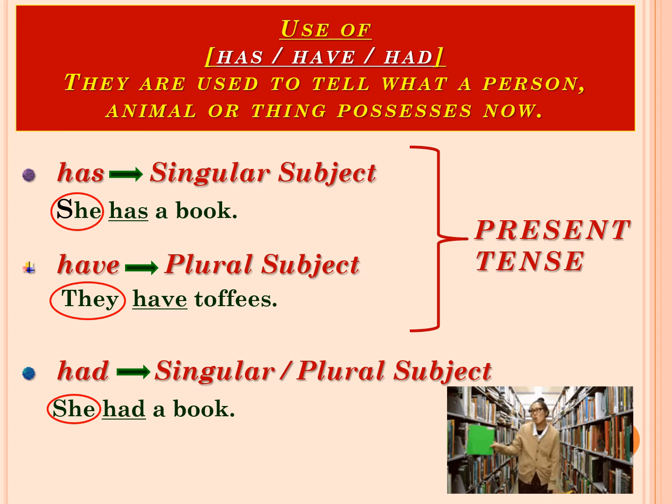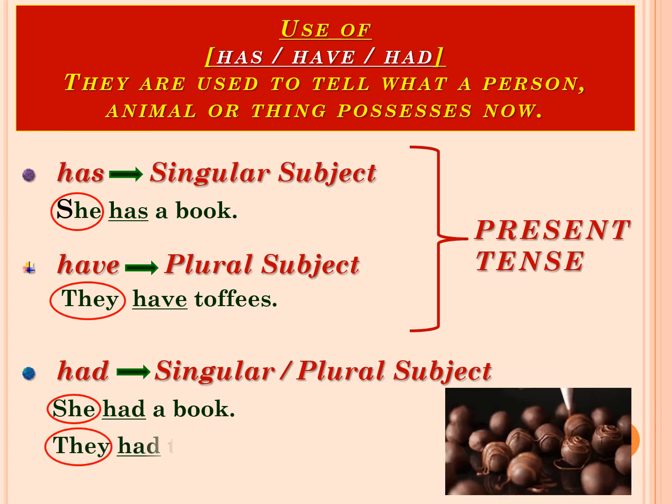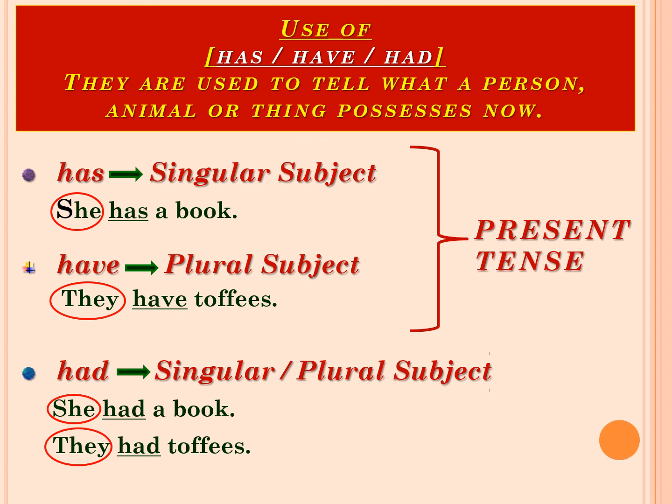In the next example, they had toffees. Over here, the subject is plural. And with a plural subject also, we are using had because whether your subject is singular or plural, it does not matter in case of past tense. All that matters is that in past tense, has or have will be replaced by had.